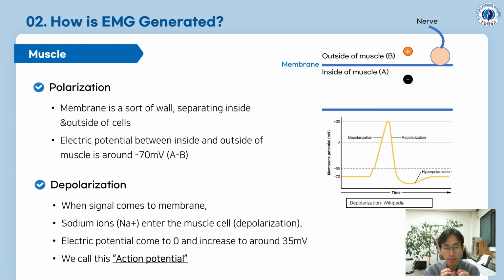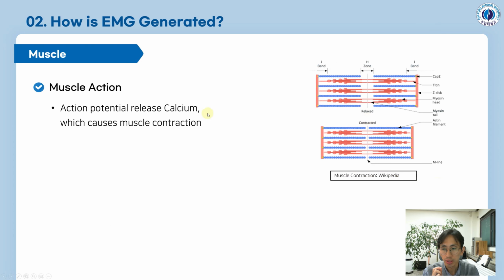Then this potential suddenly increases. We call this phenomenon the action potential. And when this action potential occurs, our muscles start to contract.